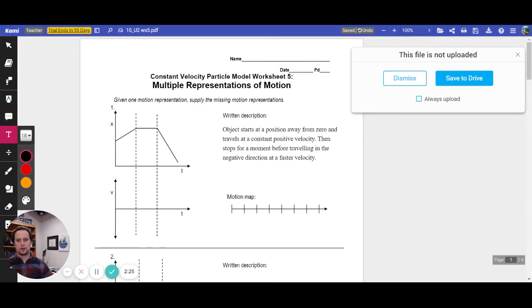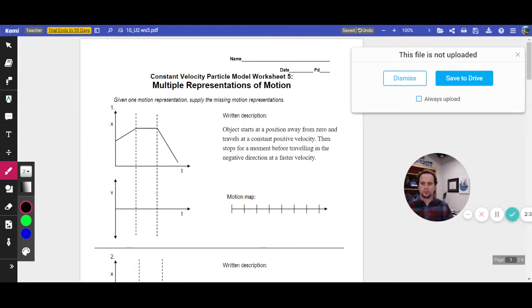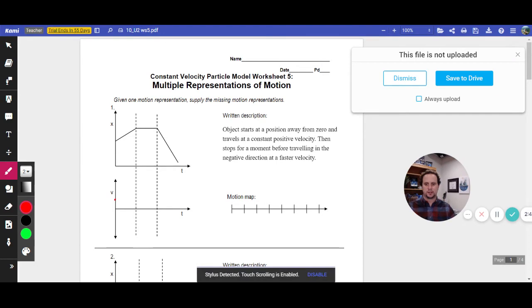All right, I'm going to make the velocity time graph because that's actually going to help me with the motion map. So let's take a look at this. Move myself out of the way. Here we go, over there. So velocity time graph. I have a positive slope here, so I'm going to have a positive velocity here, and it's not sloped at all.